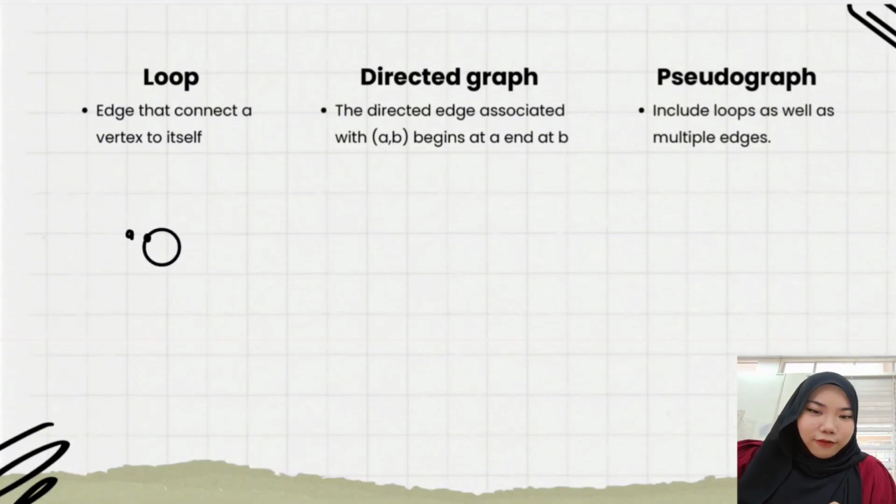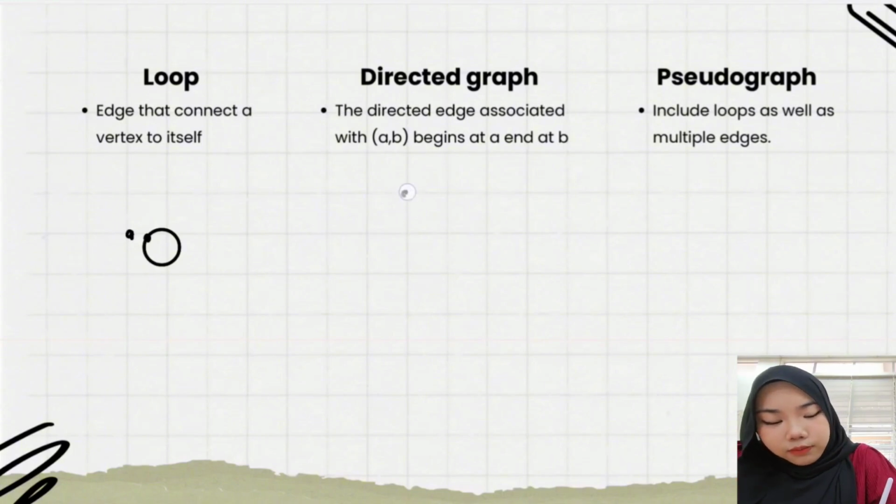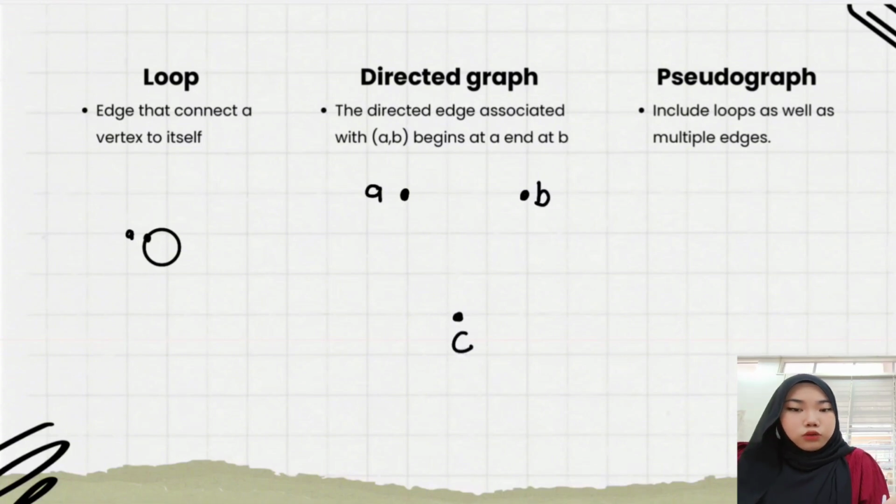A directed graph means the directed edge associated with AB begins at A and ends at B. For an example, this is A, B and C. A will go to B, and because it is a directed graph, we need to put an arrow on it.